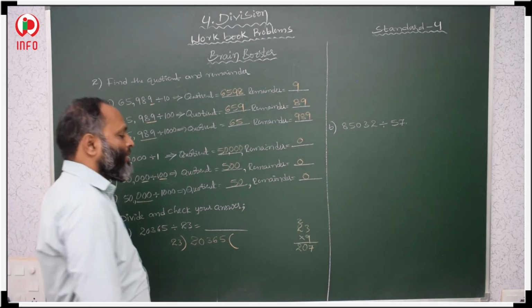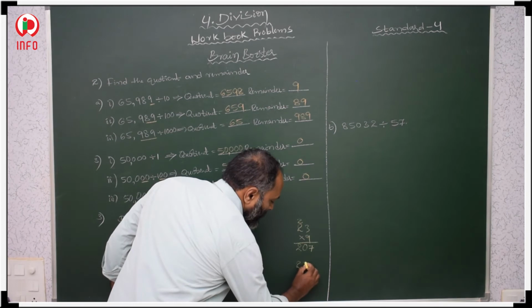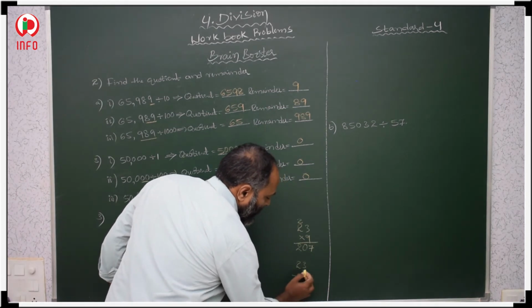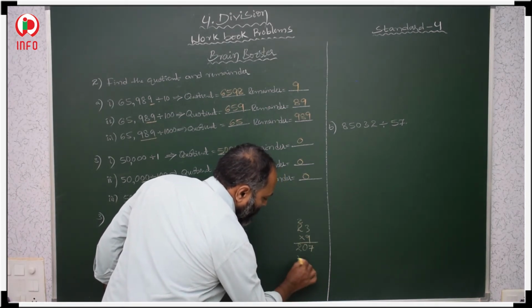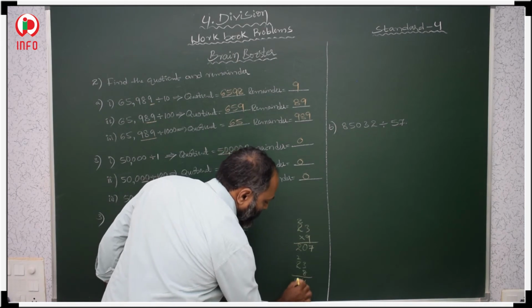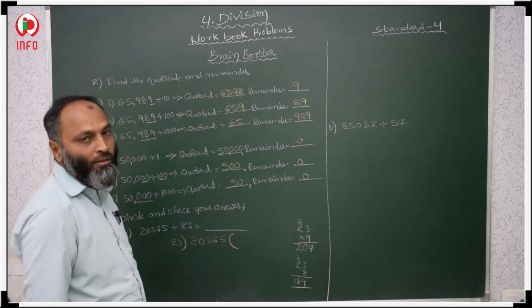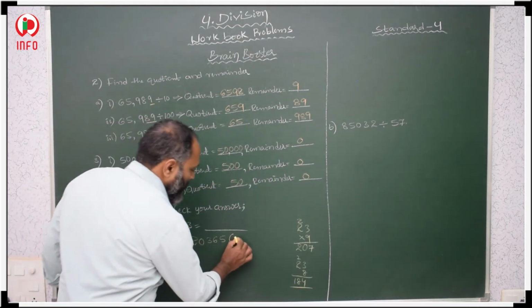So we have to check 23 eights: 8 threes are 24, 8 twos are 16, 17, 18, 184.